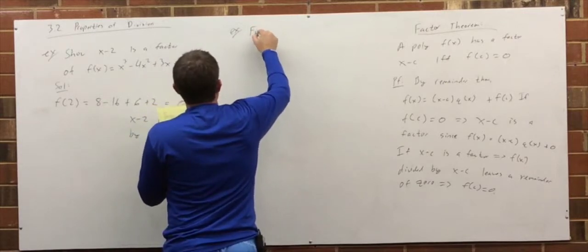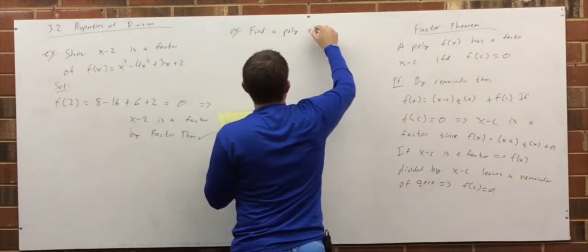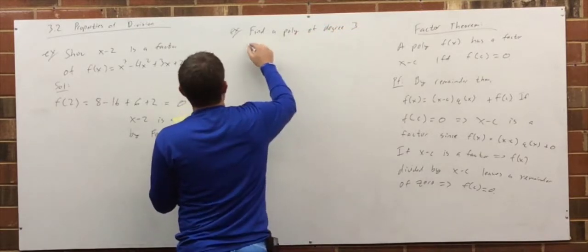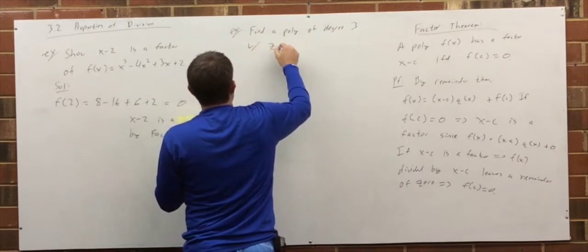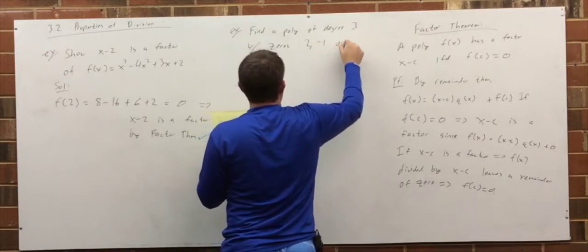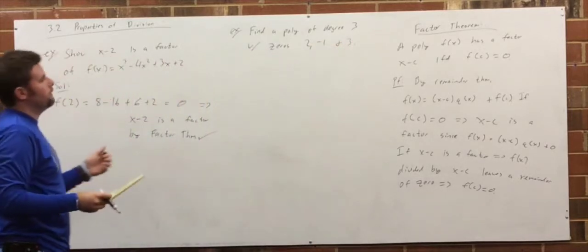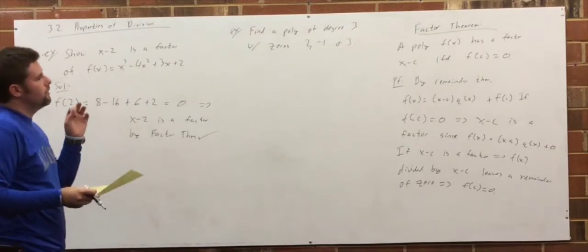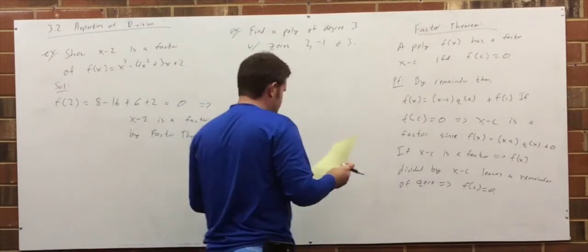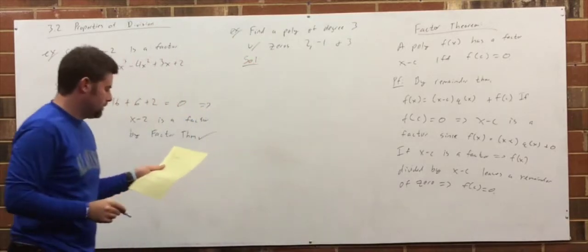Alright, let's do another example. Find a polynomial of degree 3 with zeros 2, -1, and 3. Right? So this is all the information we're given. We're going to find a polynomial, third degree, and it has zeros 2, -1, and 3. Well, what do we need to do?